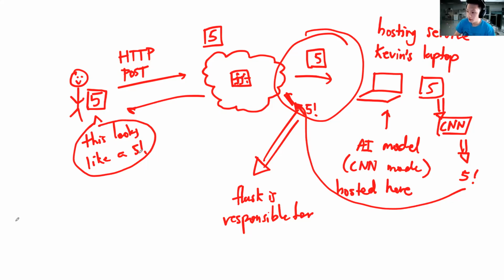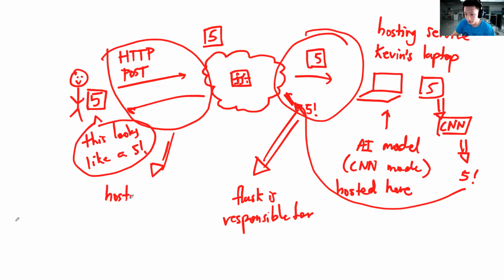To be able to deploy this application, this part is going to be mediated by a web service. It's basically just the internet that's connecting you and whatever server it is.